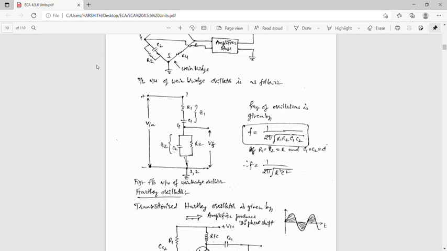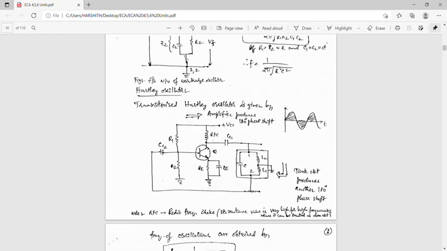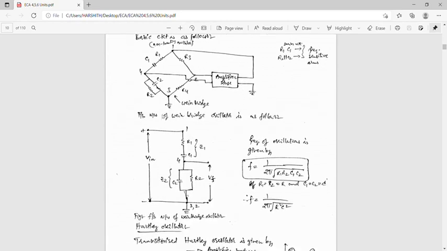If R1 equals R2, that is R, and C1 equals C2, that is C, then finally the frequency equals 1 by 2 pi square root of R squared C squared. This is the Wien-Bridge oscillator.